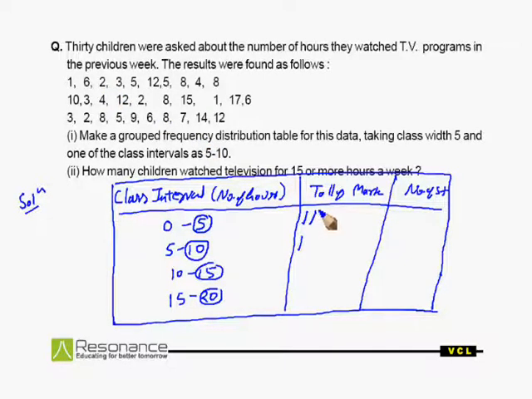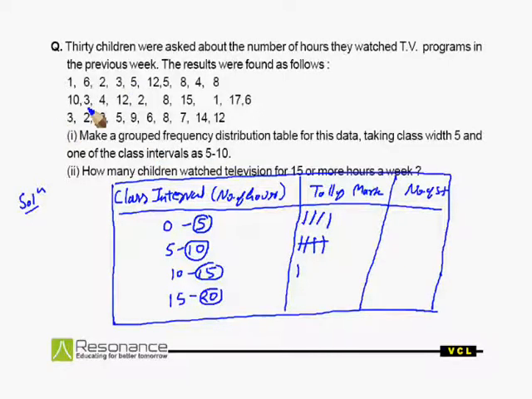And 3 is again in the first. 5: we do not include 5 in the first, so 5 will come in the second. Now the value 12: 12 is in the third interval. Now 5 will again be in the second. 8, again in the second. 4 is in the first. 8 again in the second. We have to make a slant line.